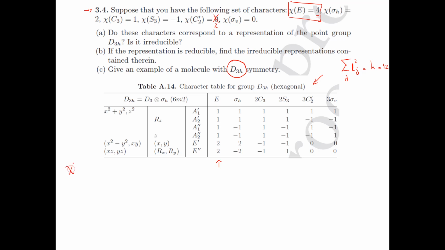If you remember, if you have a reducible representation, the character for a certain class can always be written as a linear combination over all different representations with coefficients a_i of the characters of the irreducible representations for the same class C_k. And these coefficients a_i are uniquely determined by this equation here.